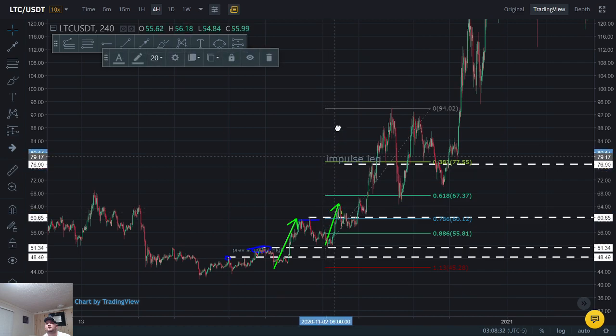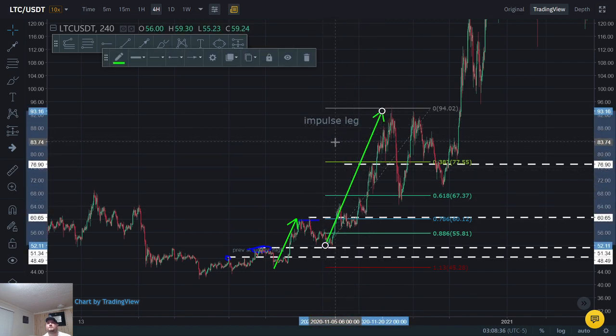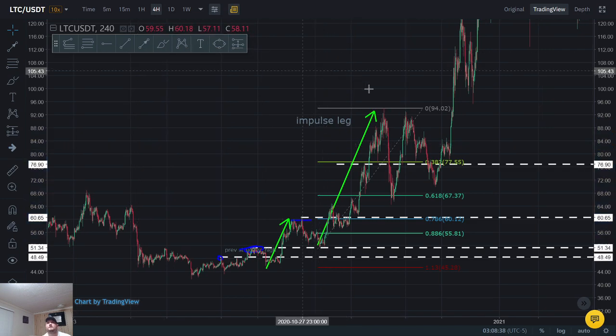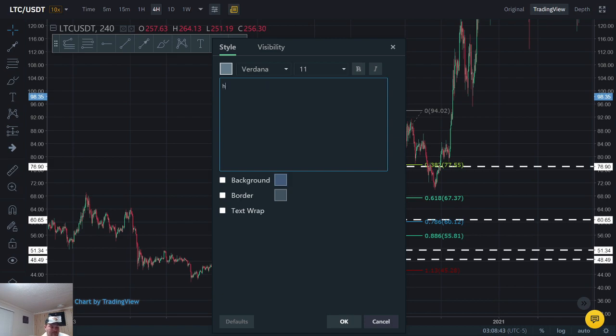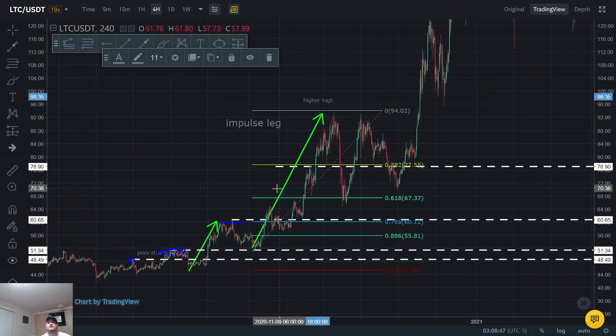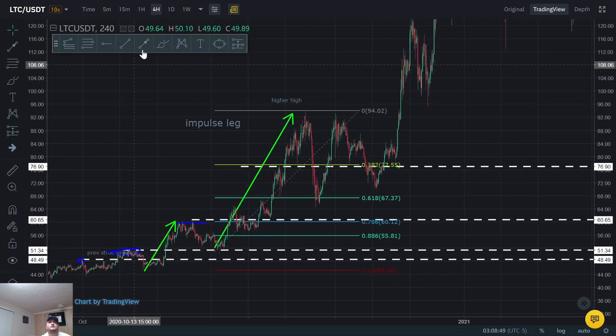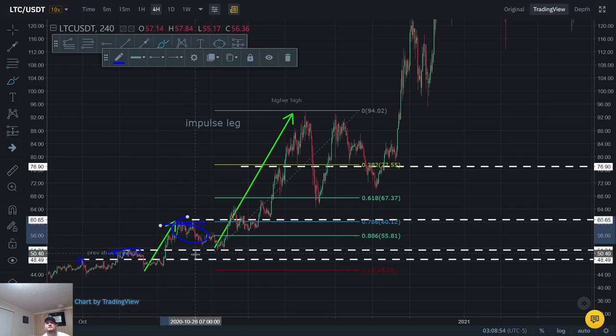So now this would be your impulse leg. This would be your higher high. This would be your lower high.